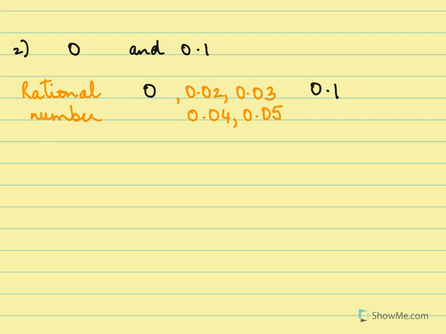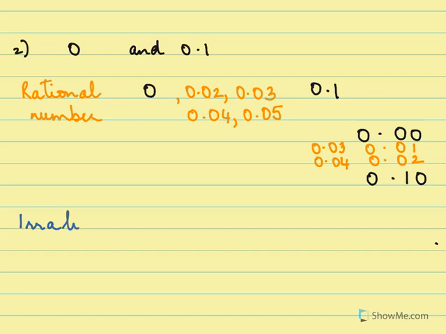Now to explain it again, I have 0 and I have 0.1, so I put here 0, then I put 10. Now I can put the numbers in between, and this will be 0.01, 0.02 or 0.03, 0.04. These will be rational numbers between 0 and 0.1.